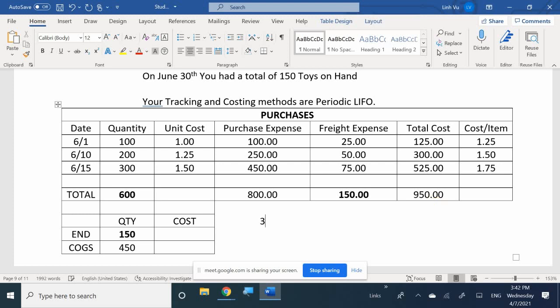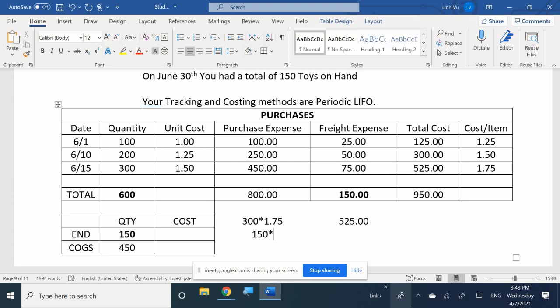The 300 batch. We're taking out the whole thing for $1.75, which should give you a total of 525. Okay. Now we sold 300. How many more do we need to sell? 150. Which batch are we taking out from? June 10th. The 200 batch, which in this case, we're not going to use all of it.